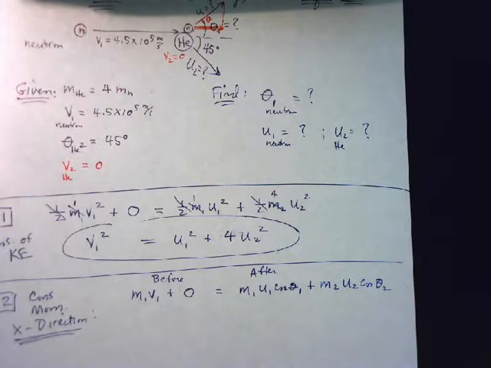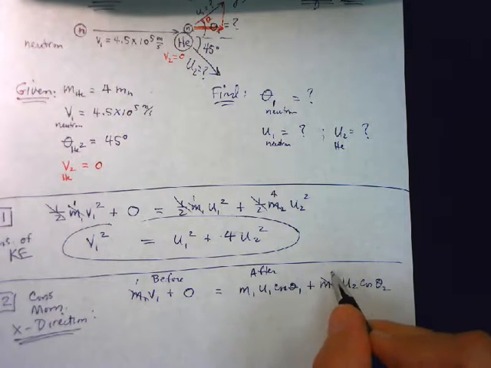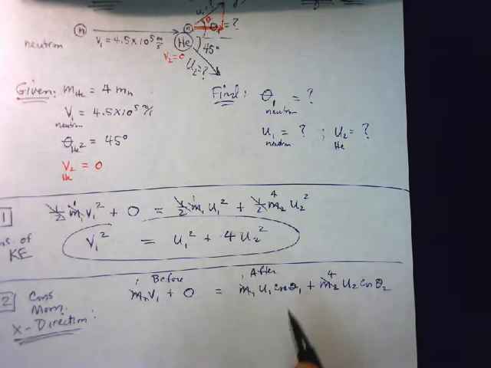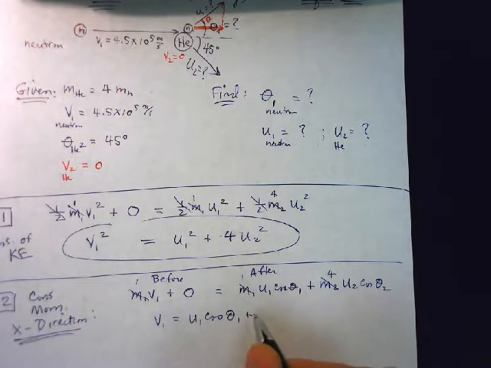So if we simplify that a little bit, and remember M1 is 1 unit's worth and M2 is 4 units worth, we end up with V1 equals U1 cosine theta 1 plus 4 U2 cosine theta 2.